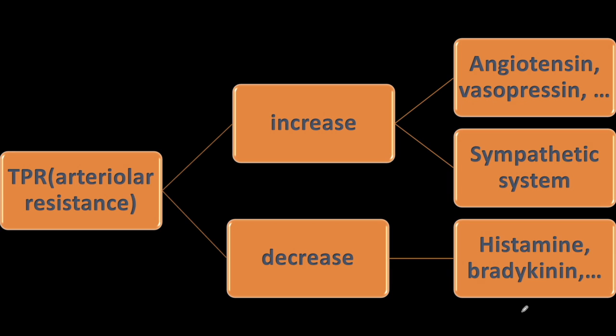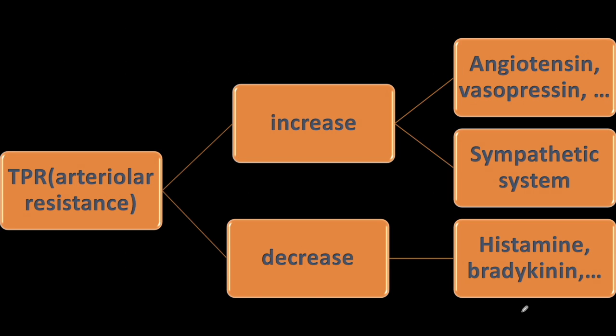They are very powerful vasoconstrictors, so they can increase our total peripheral resistance, thereby our blood pressure. The sympathetic nervous system, while secreting different agents like norepinephrine, could again raise our total peripheral resistance, because they are as well some strong vasoconstrictors.